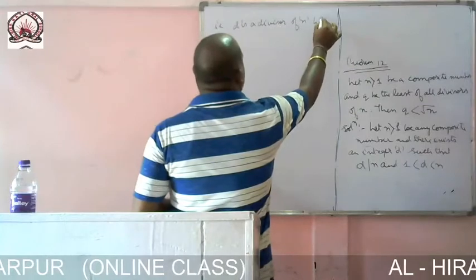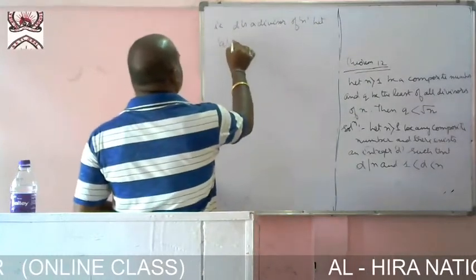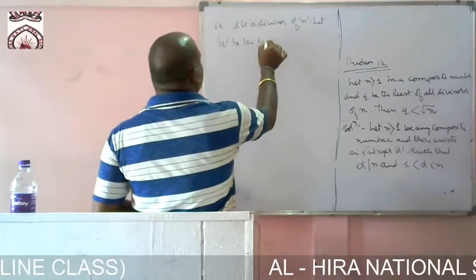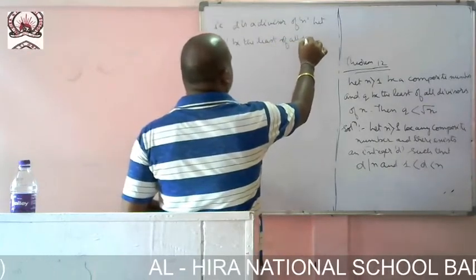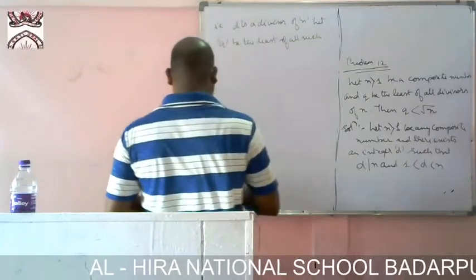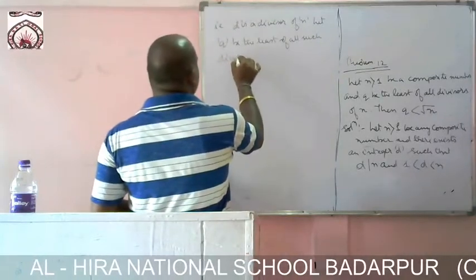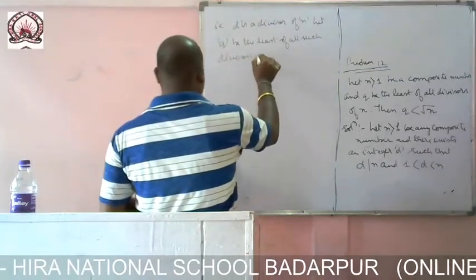Let q be the list of all such divisors of n.